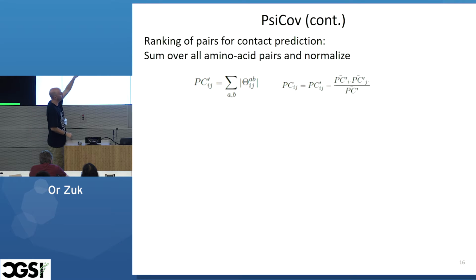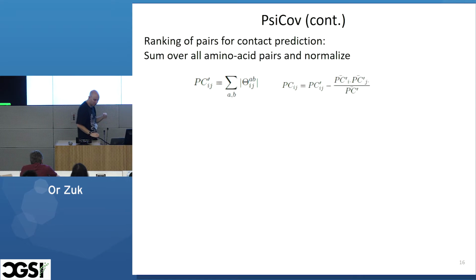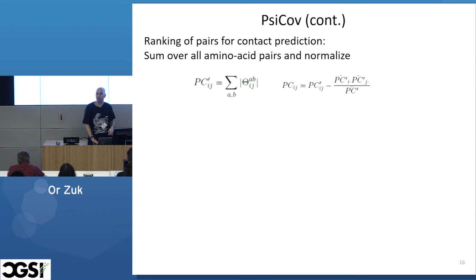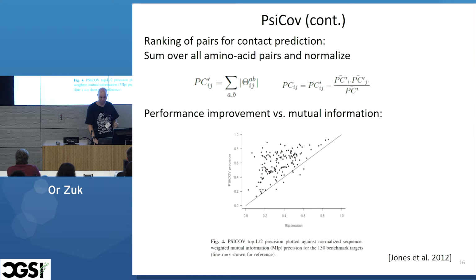You normalize them because you can have one column which has many high scores or many low scores. So you normalize by the average of the row and of the column. And this gives you the score PC_ij. These are the scores that are used to rank all the D choose 2 possible candidate contacts. And you just take the top, and these are your prediction.